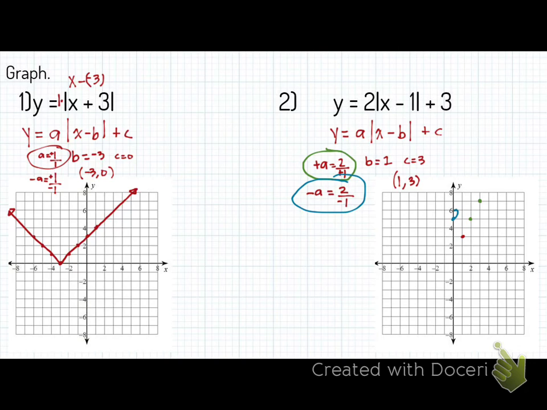And I'm noticing it's symmetrical. Awesome. Then I'm going to graph my points. And I'm done. Okay? So this is very similar to lines, except that it's absolute value. It's going to look like a V. Okay? Questions on numbers 1 or 2?